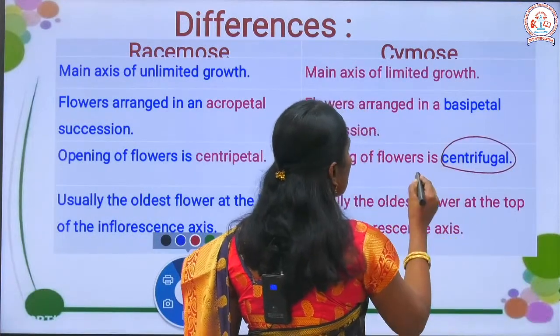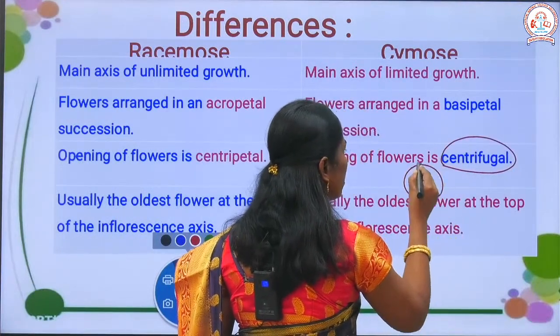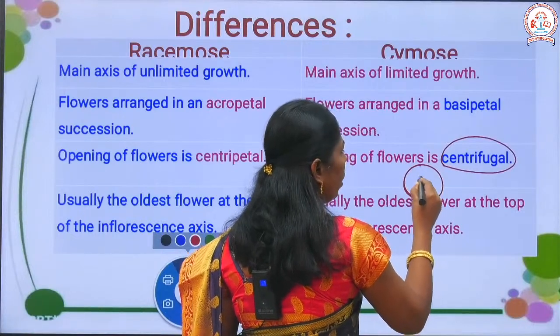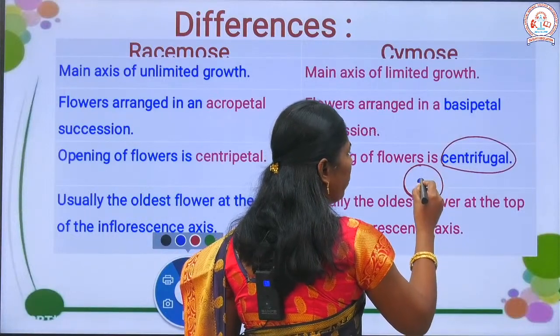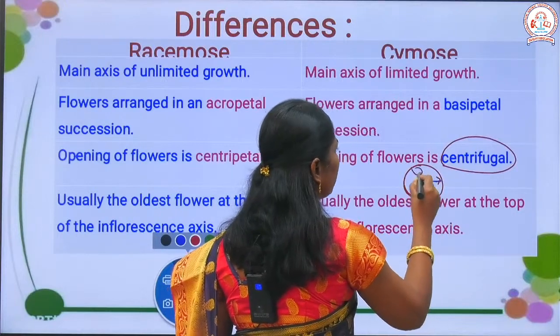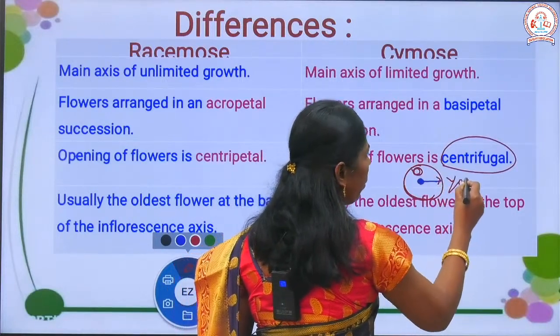Here it is center to margin. So this is a circle. This is the older flower. The older flowers open first, followed by the young flowers. This is the older flower, and these are the young flowers.